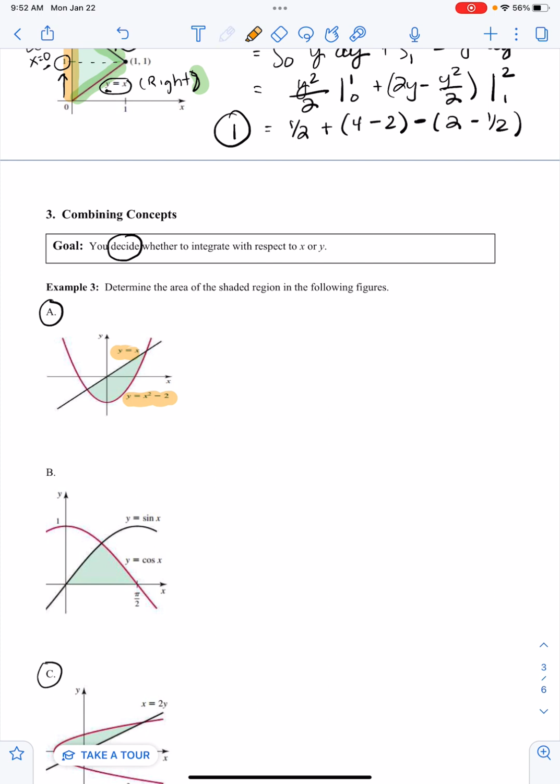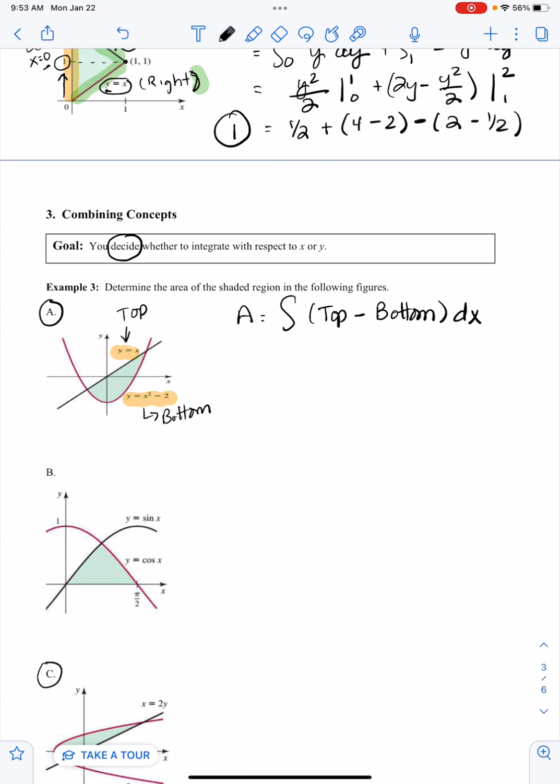Which definitely makes sense because we can see this y equals x is the top curve, and we can see that this guy is the bottom curve. All right, so my area formula, I don't know my limits of integration. They didn't fill them in for me, but I have the structure that I'm going to take the top curve minus the bottom curve, and my variable of integration is going to be x.